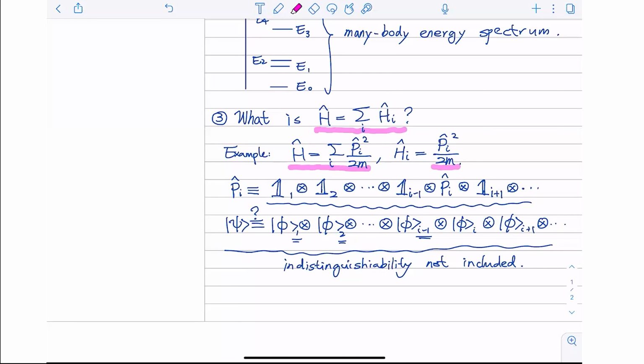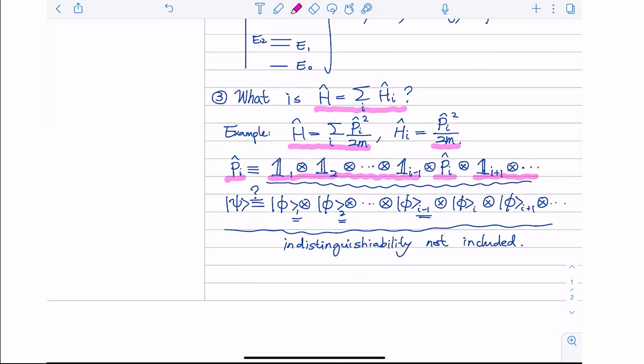And in this expression, what we mean by this momentum operator p_i is that it only acts non-trivially on the Hilbert space of the ith particle, and it acts trivially on all the rest of the many-body Hilbert space. So we roughly have an idea about the meaning of p_i, or at least we have a more formal definition of this operator p_i.